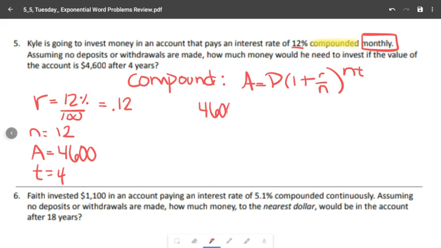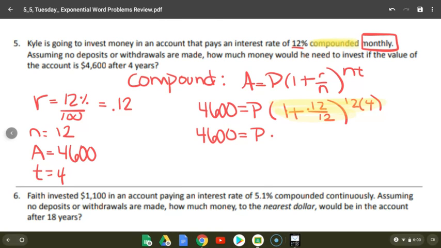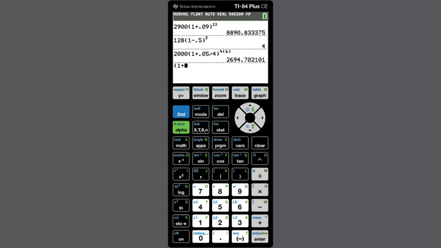So plugging in this information, we are going to plug the parentheses with the exponent into our calculator. So we're going to have 4,600 equals P times whatever we get from our calculator.